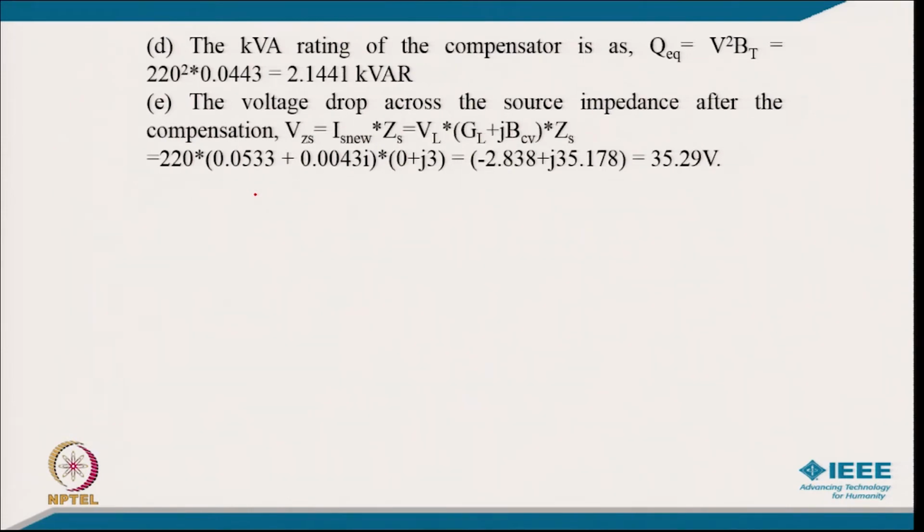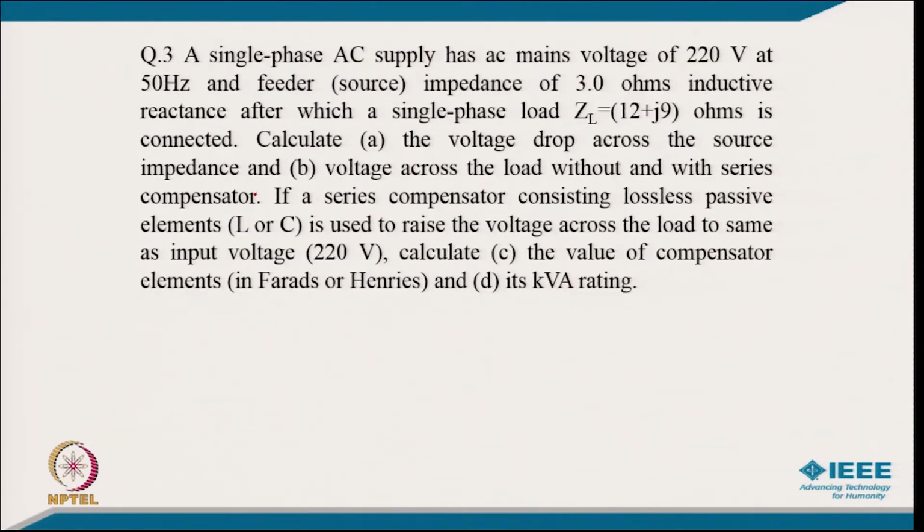So, that will be virtually the current multiplied by the source impedance, that is Zs. If we keep the value, now the drop in the source impedance will be 35.29. In spite of this drop, we will get the voltage across the load typically of the order of the same as your 220 volt or so. So, that is typically the voltage regulation problem.